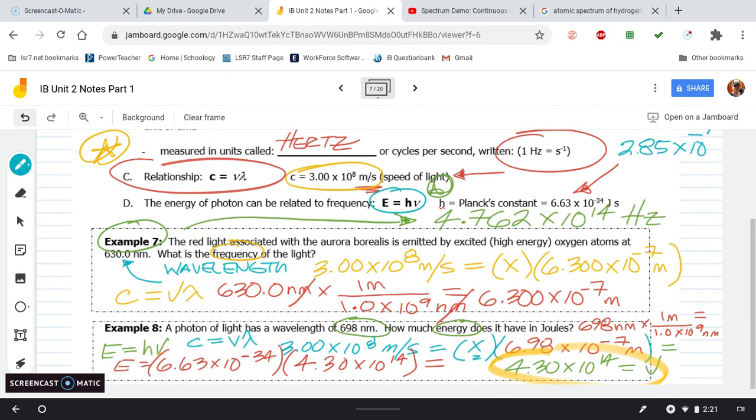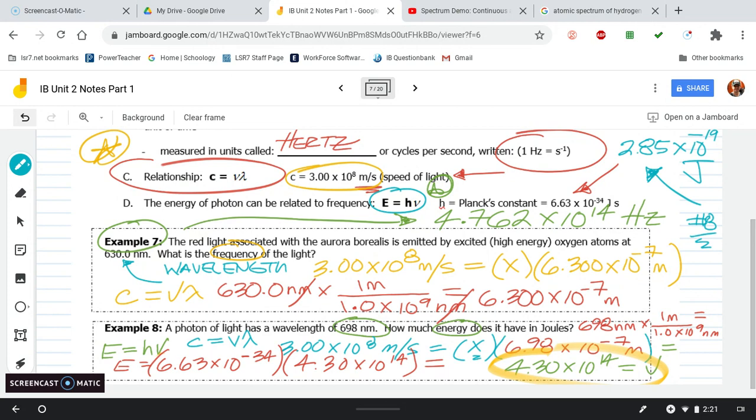And that is a unit of energy, so that's going to be in joules, okay? Now, it says, how much energy does it have? There you go, that's energy. If you look this up on the electromagnetic spectrum, you're going to get red light. But that's the answer to number 8 right there, okay?